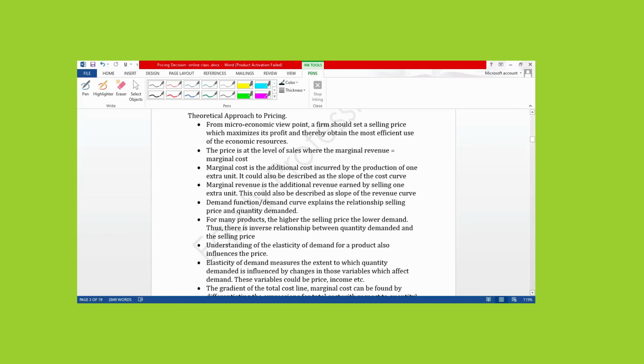Your demand function is also called your price function. You can also call it the demand curve.